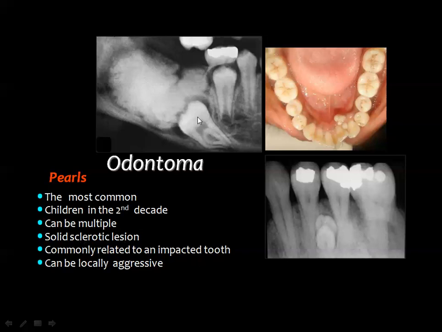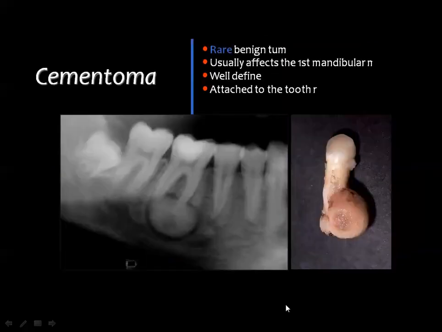Then cementoma is a rare benign tumor. The odontoma is very common, but cementoma is rare, and it affects usually the first mandibular molar. This is the first, the second, and the third, and it is attached to the root of the teeth like this. But odontoma is common and is present between the roots of the teeth.